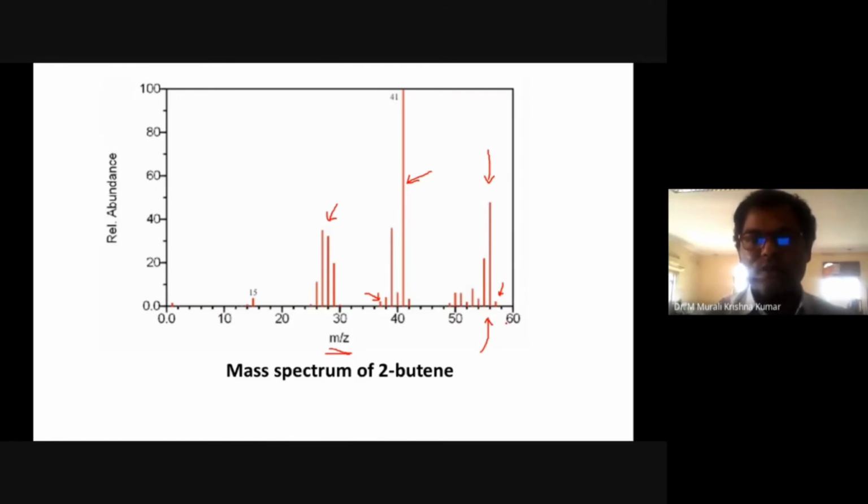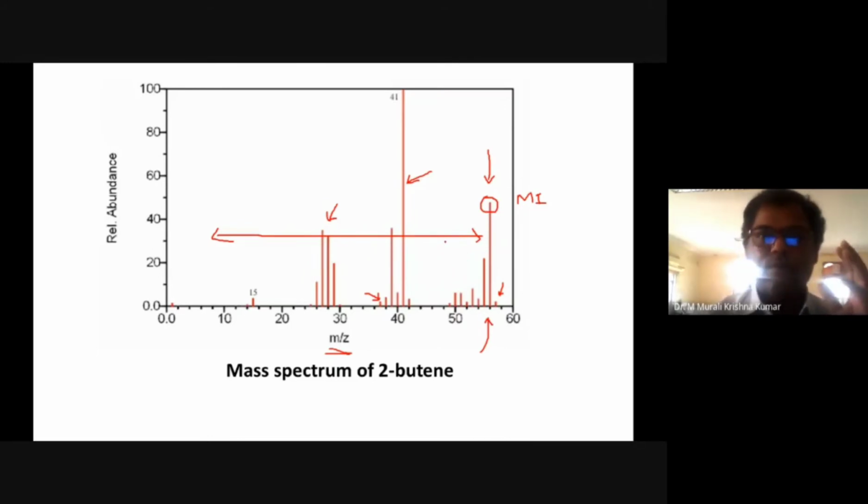So this is the molecular ion, and whatever else is there, all these we call fragment ions. We are taking a big molecule and providing energy so that it becomes ionized. When we provide energy that can ionize a molecule, that's a huge energy, so the molecule may sometimes become unstable.